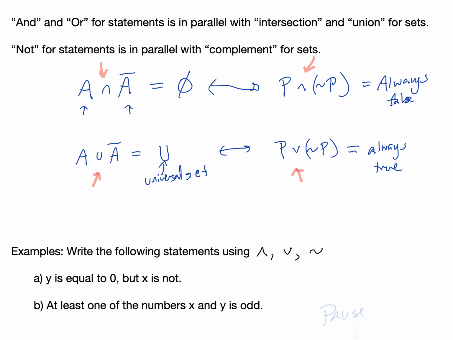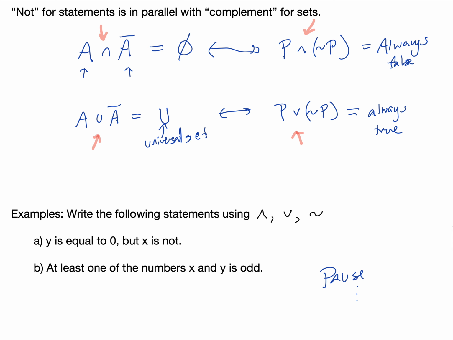So for the first one, y is equal to 0, but x is not. Can you use any of those logical operators above to rewrite that statement? B, at least one of the numbers x and y is odd. Again, can you use any of those logical operators above to rewrite that statement? So pause and think about that. Just write it down on a piece of paper real quick.